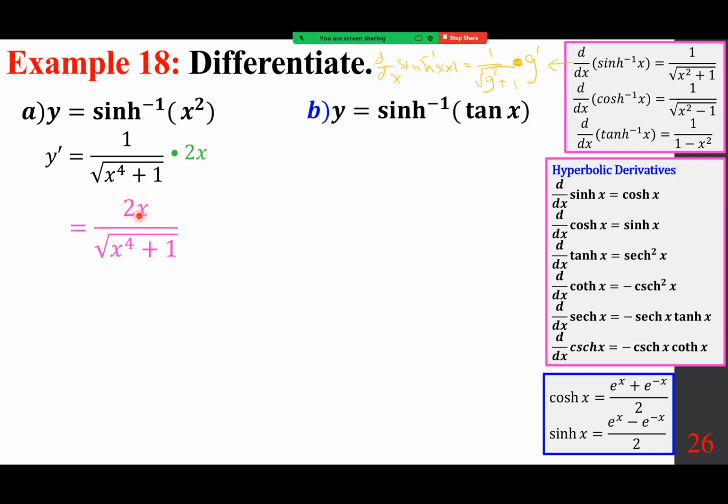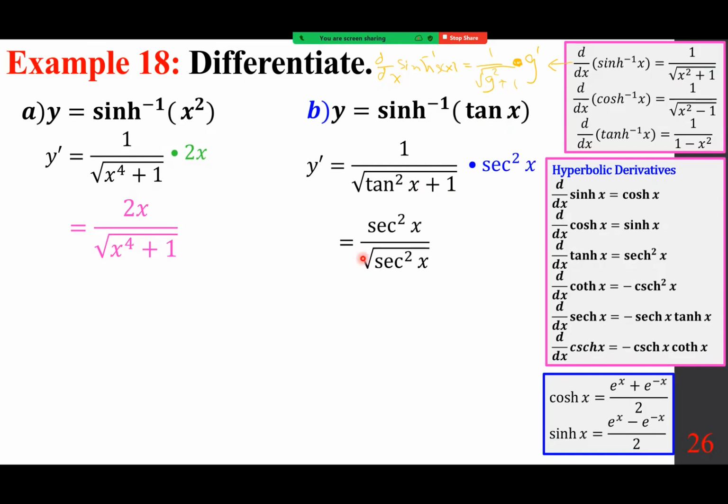What if it was tan x? The same thing. I'm going to write the same thing. 1 over the square root of x squared plus 1 becomes tan squared plus 1. And then I need g prime, the derivative of tan x, which is secant squared. Now, some of you may recall that tan squared plus 1 is secant squared.